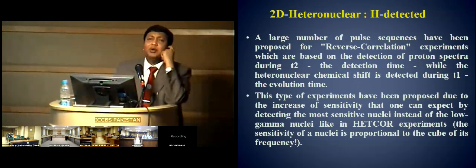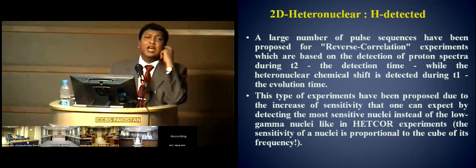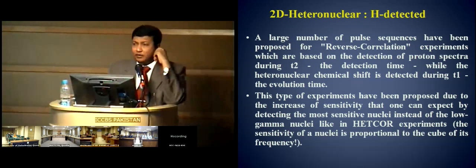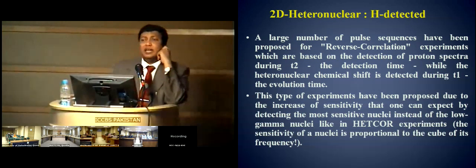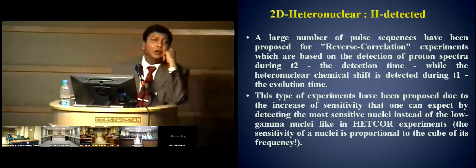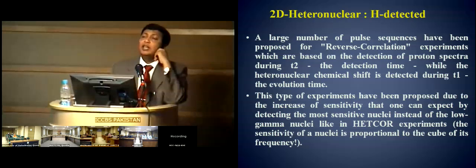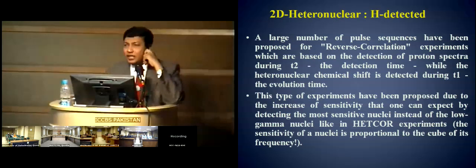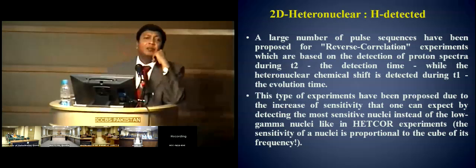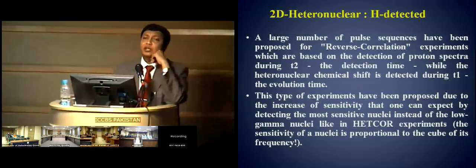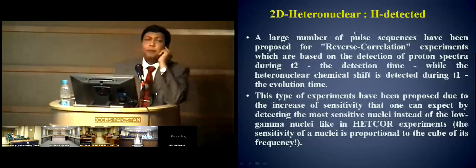And when you keep doing it, always remember that what has happened during the T1 time is the second frequency. What is actually happening during the evolution time eventually emerges as a second frequency, because that is your pseudo FID, and pseudo FID will give you a second frequency. Remember? So that's what we have learned.